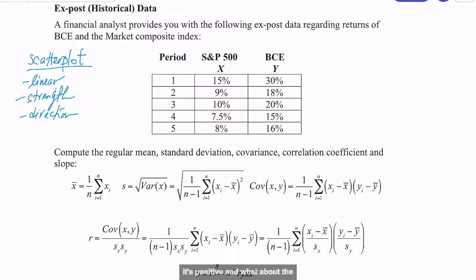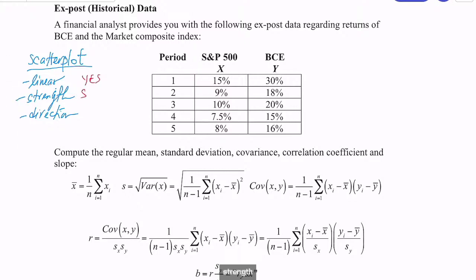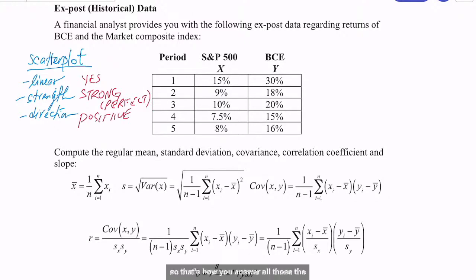Yes, it's positive. And what about the strength? Did you draw it yet? Strength. You could say strong or perfect. It's exactly double. So that's how you answer all those.